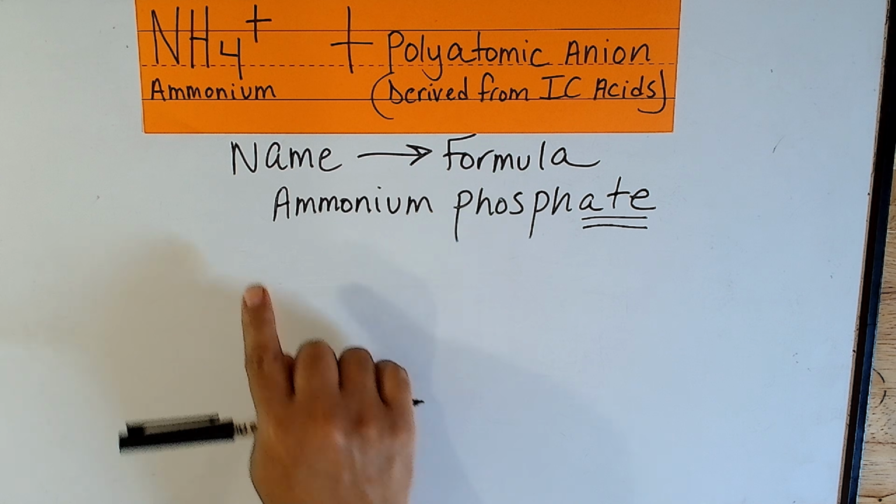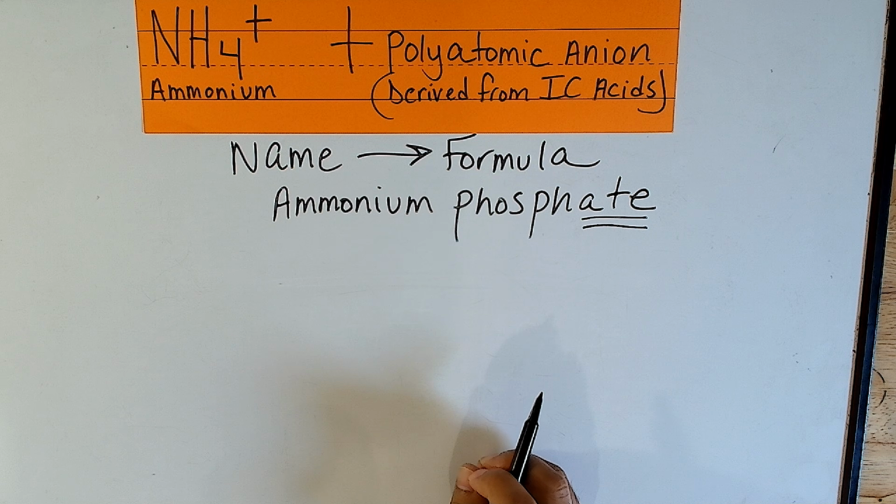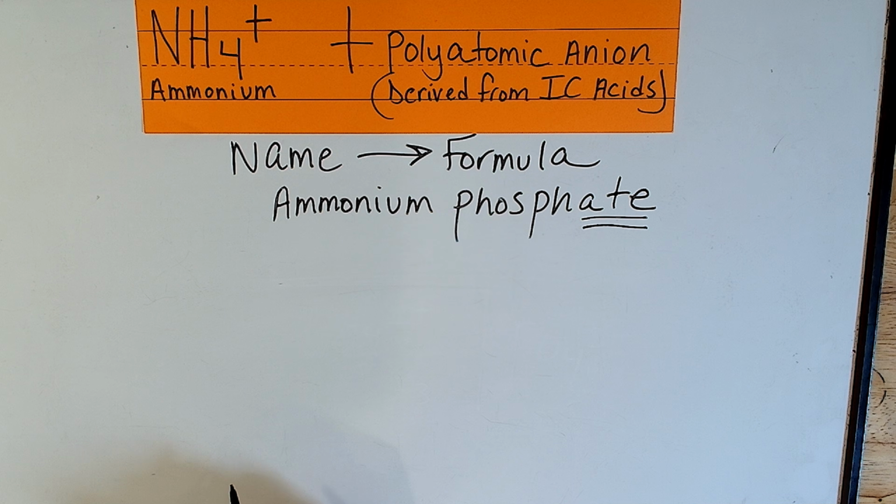Okay, so now we have this chemical name and we need to find its chemical formula. Remember that for all type 1 polyatomic non-acid ionic compounds, when they go from name to formula, they follow the same rules. So let's start. Step 1 is to write the chemical symbols and their charges.